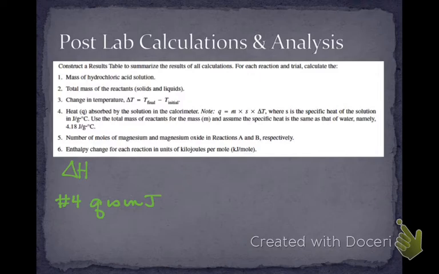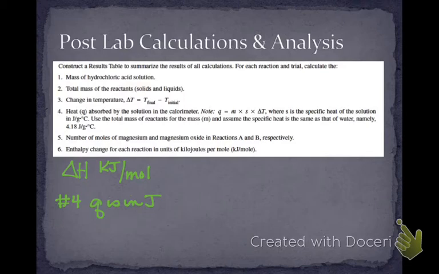So in number 6, we want delta H in kilojoules per mole. You've calculated the moles in number 5. In number 4, you've calculated joules. So we're going to take the information from number 4 and the information from number 5 to calculate delta H.